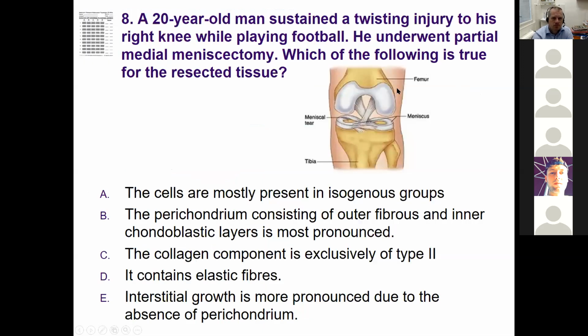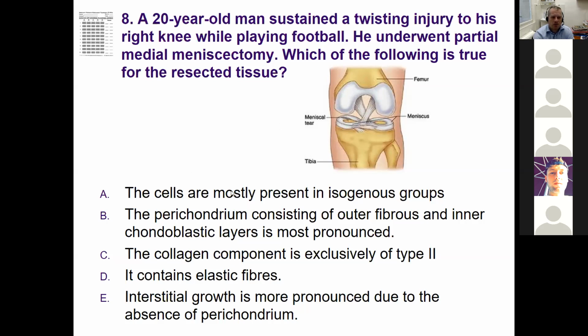Okay. Another problem. You can vote again. Let's consider a football player who had a knee injury, and he underwent removal of part of the medial meniscus, you know, the menisci from the anatomy.